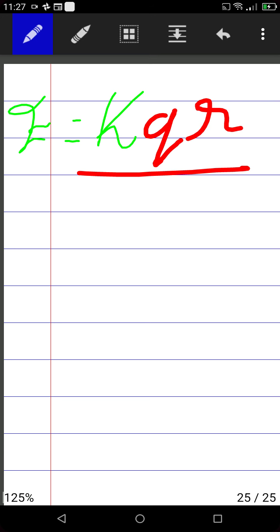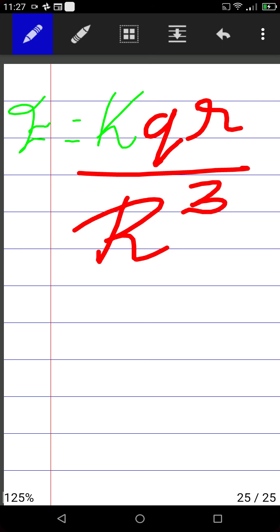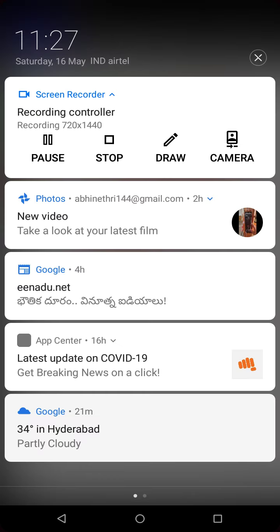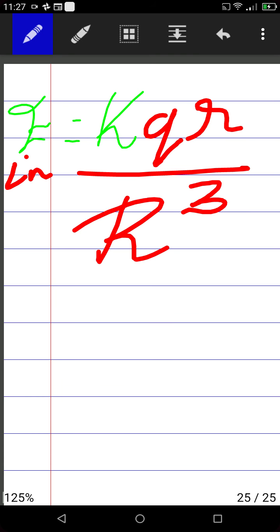Q r by R cube. So finally we get E inside an insulating sphere is equal to kq r by capital R cube. E inside equals kq small r by capital R cube.